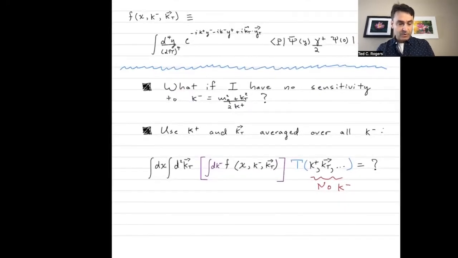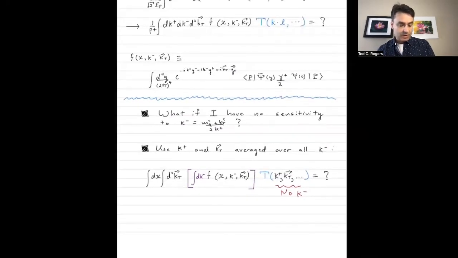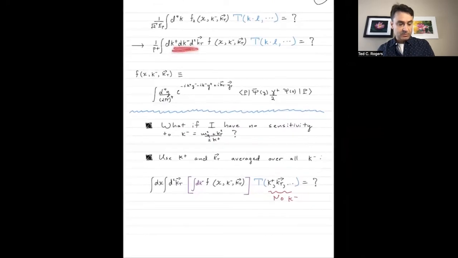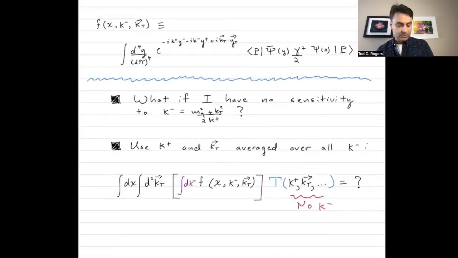And then if there's no K minus in here, then when I do this integral, the integration only acts on the f. This integral then only acts on the f. So I put it here separated into brackets.